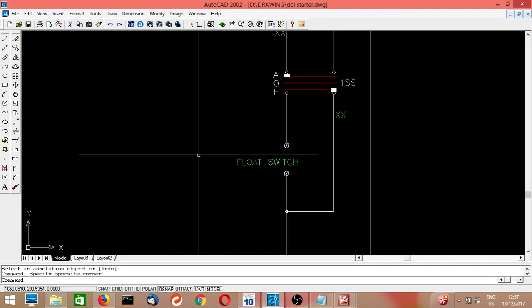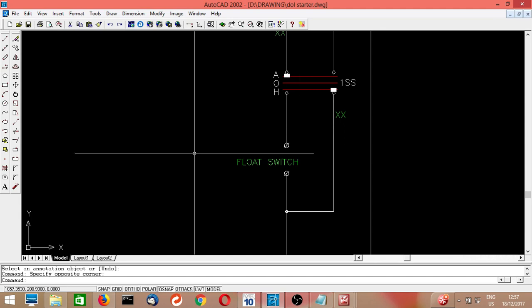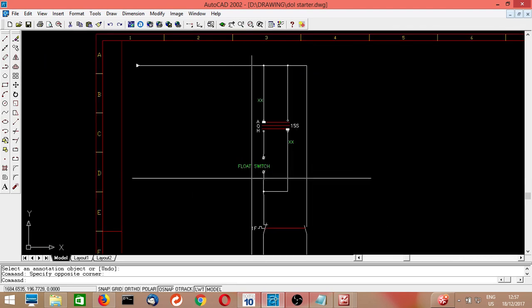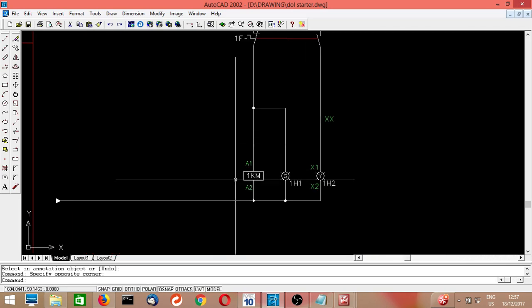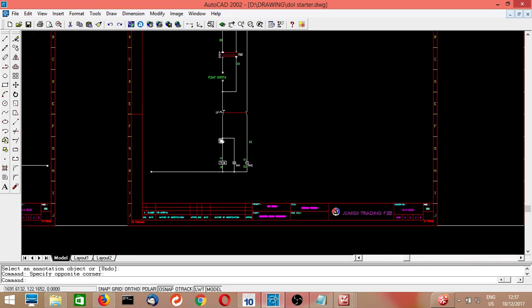So in this side we have connected a float switch. This float switch can be put in an overhead tank, so that whenever the water level in the tank gets high, this float switch will go up and it will disconnect this circuit, and then the supply to the coil of the contactor will be disconnected and the motor will be stopped.